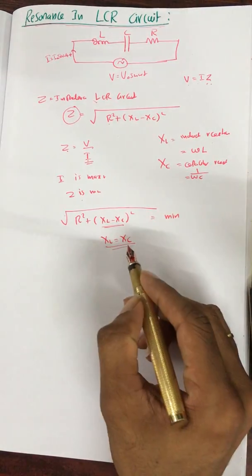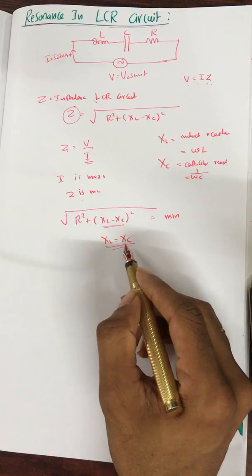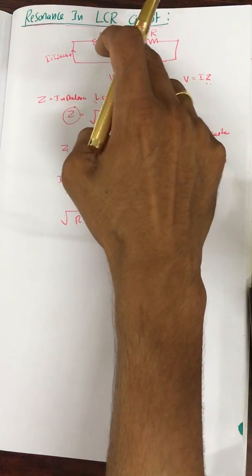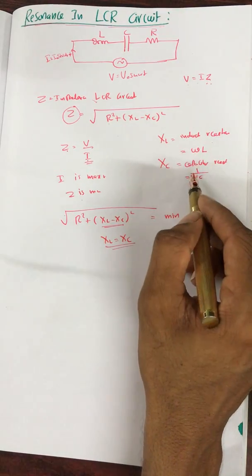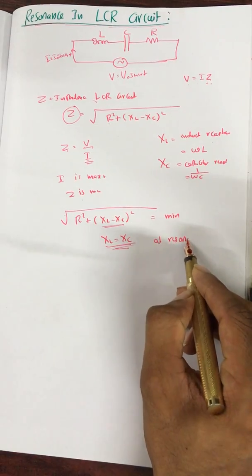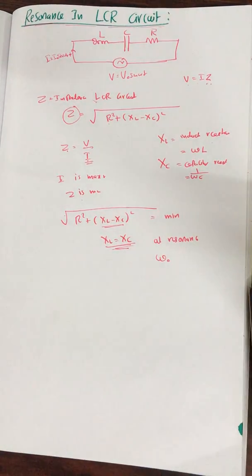So XL is equal to XC, that means the inductive reactance is exactly equal to the capacitive reactance; the resistance offered by the capacitor and the inductor are the same. I have the expressions for XL and XC here. This is the condition for resonance. And I define some frequency, let me say omega naught, which we call the resonance frequency.